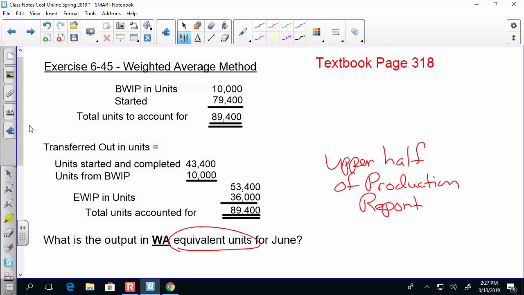We had 10,000 in the beginning. We started with 79,400. We started and completed 43,400.